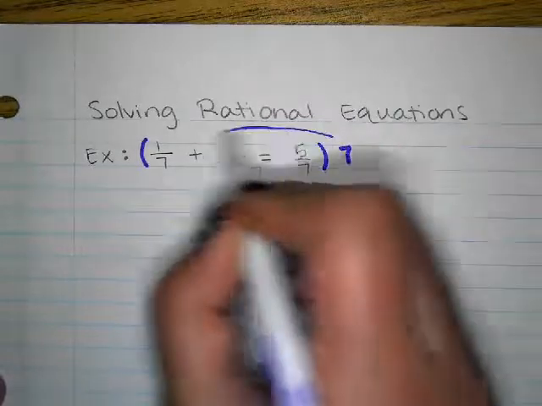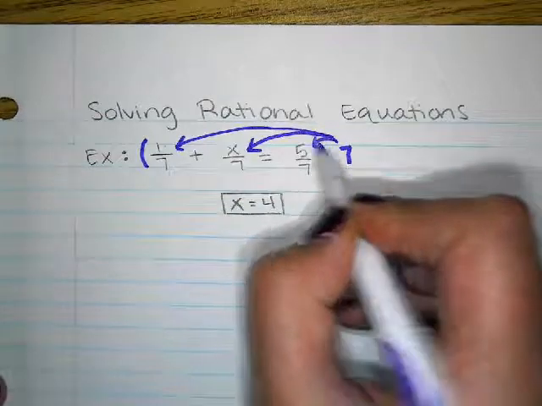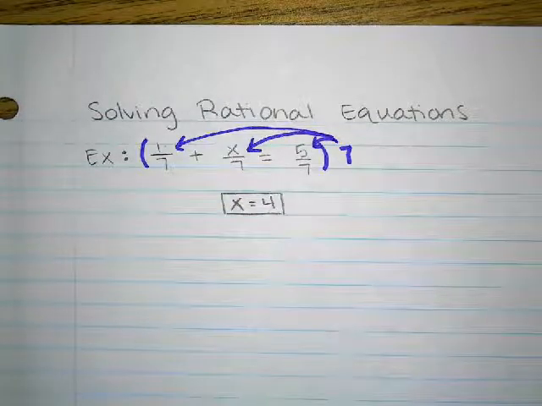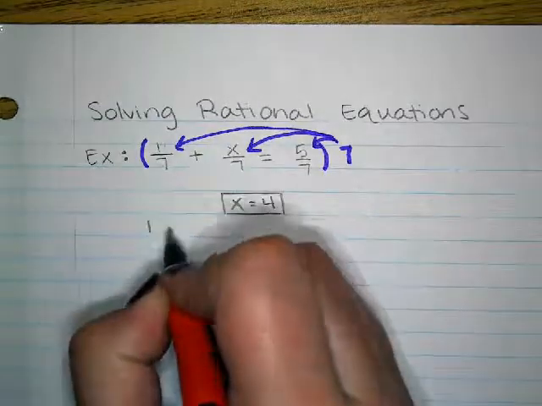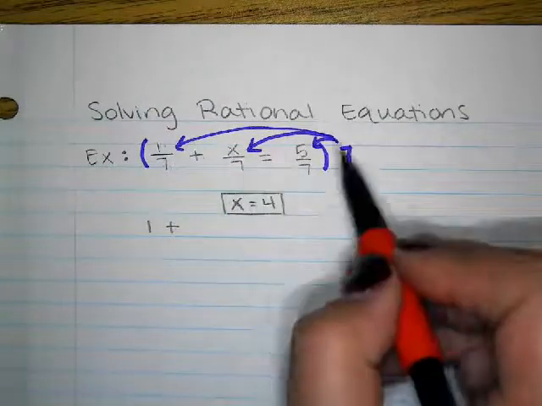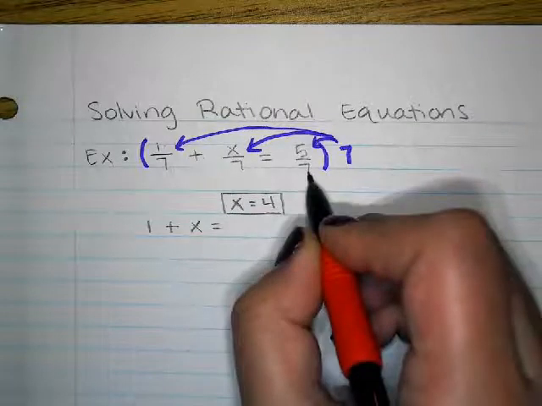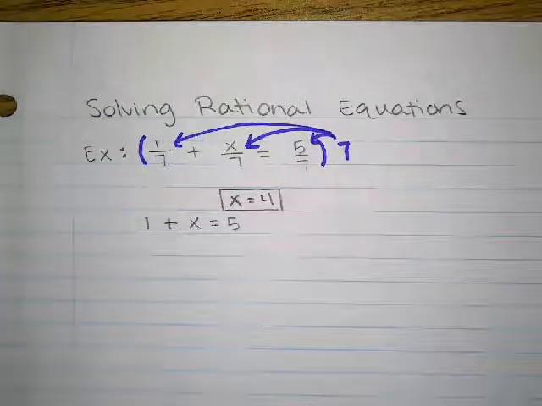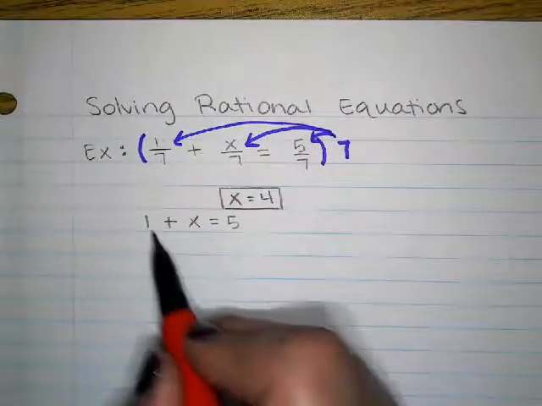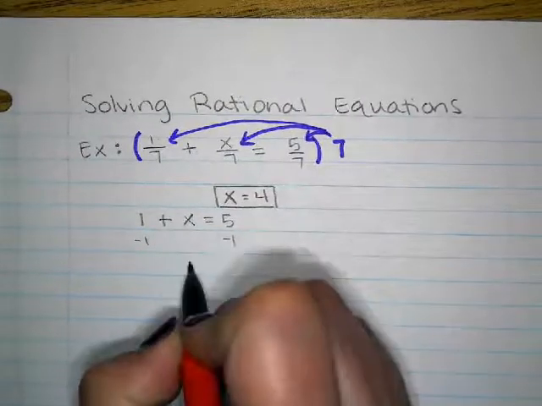If you multiply all of these by 7, 1/7 multiplied by 7 is just 1. X sevenths multiplied by 7 is just x. 5/7 multiplied by 7 is just 5. And if you have 1 plus x and you subtract the 1 over, then you get x equals 4.